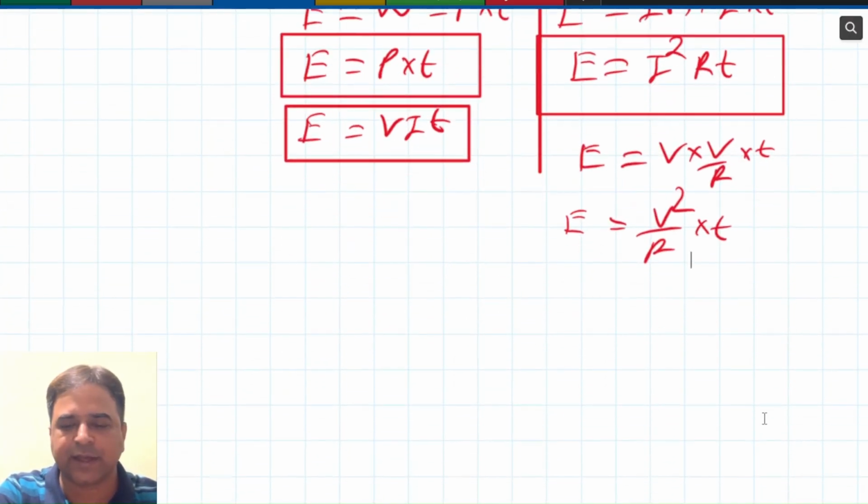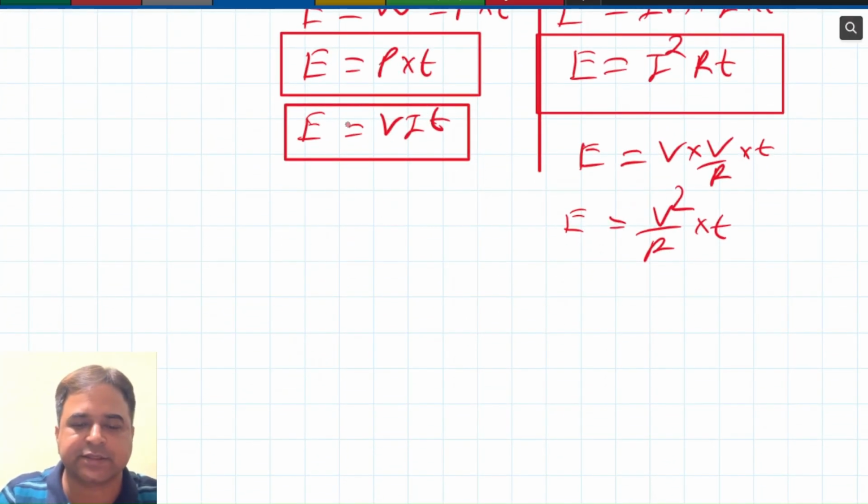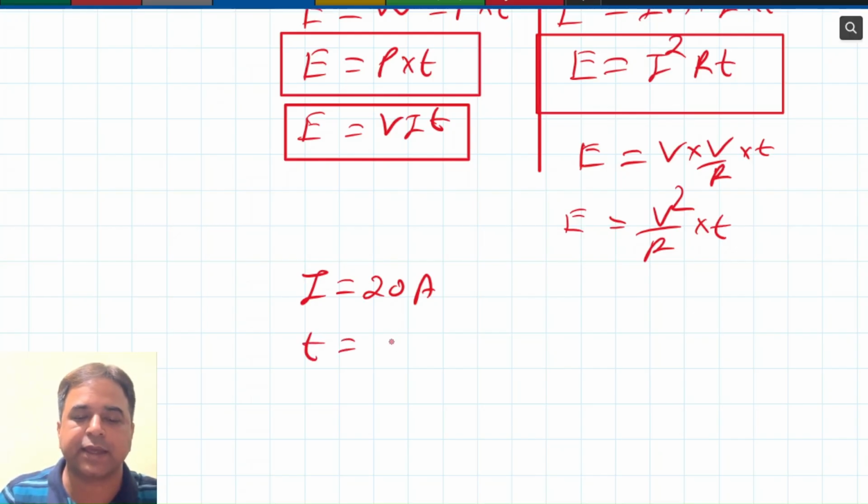Can we take one example for this? Yes. See, if you are applying current I, which is 20 ampere, for a time of 10 seconds with a voltage of 220 volt, how much energy is generated?